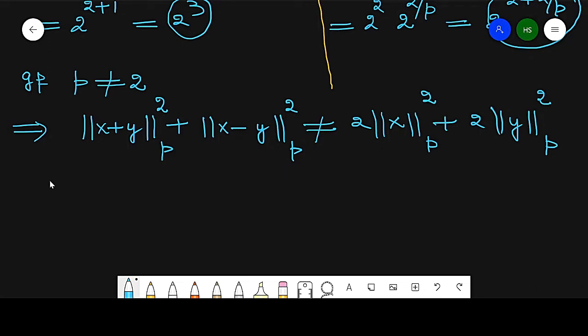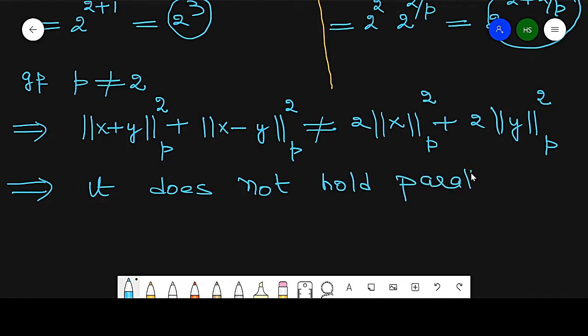So it does not hold the parallelogram law.